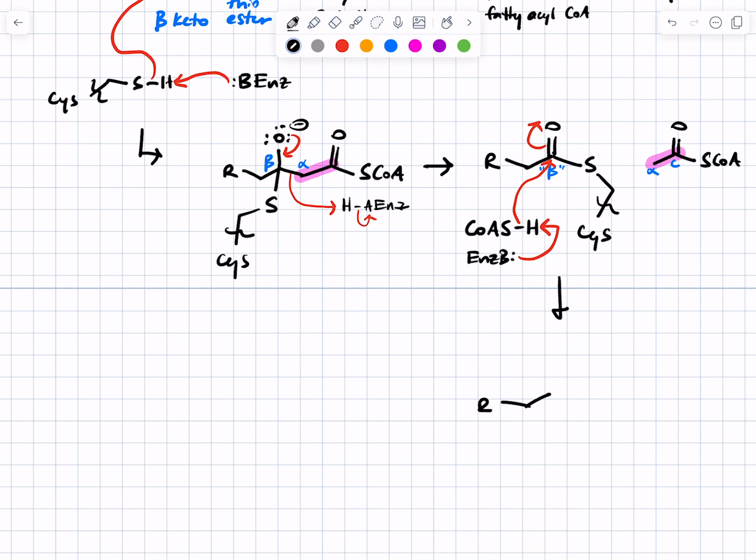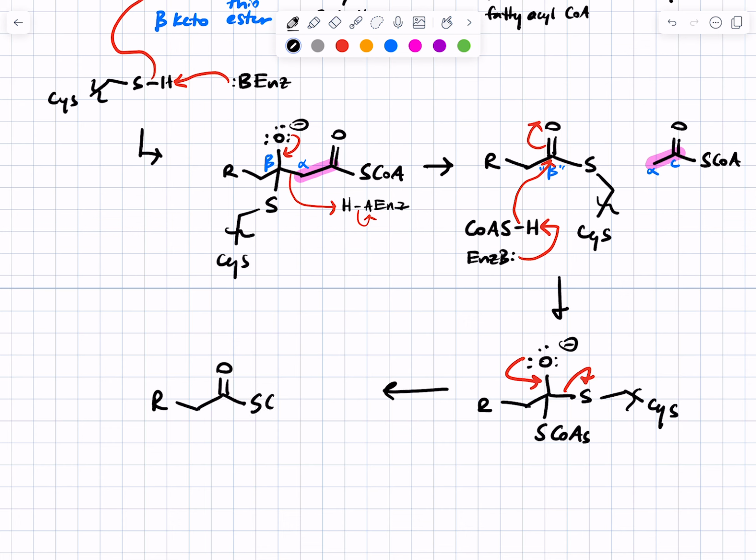That's going to generate a tetrahedral intermediate, where this is the cysteine residue and this is the coenzyme A thiol. Then electrons kick down, cysteine thiol leaves, and you end up with your truncated acyl-CoA, where this used to be the beta carbon.